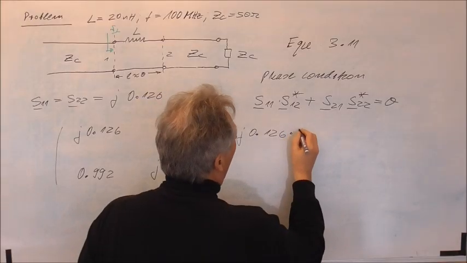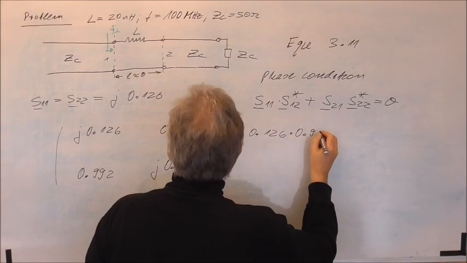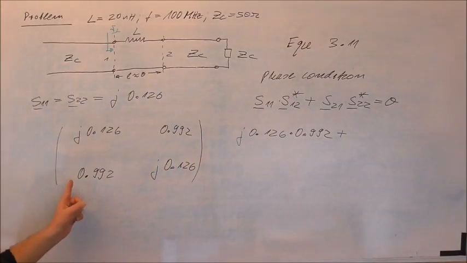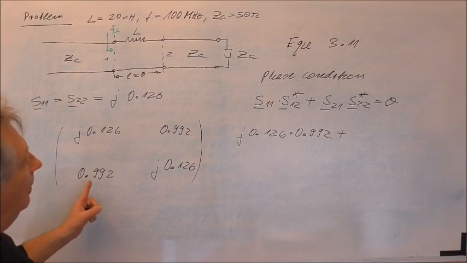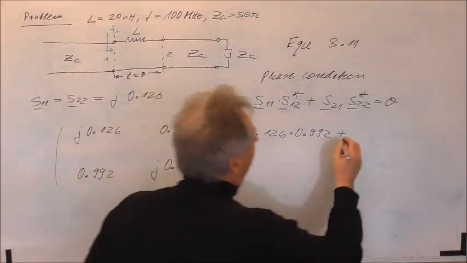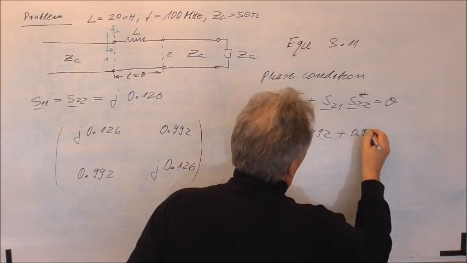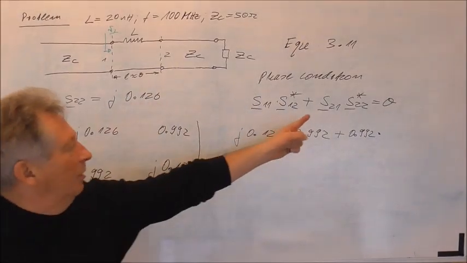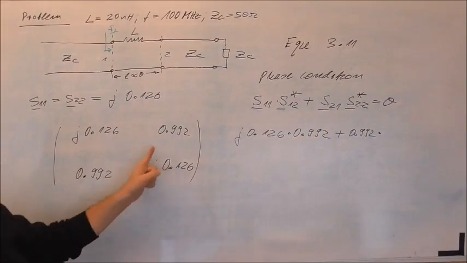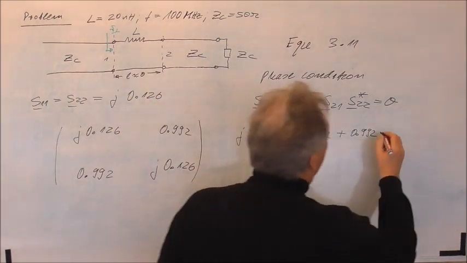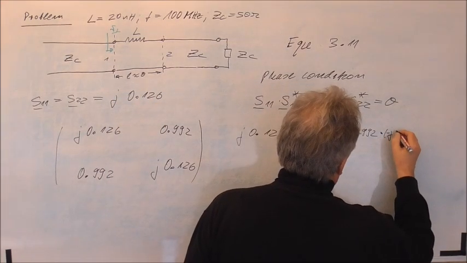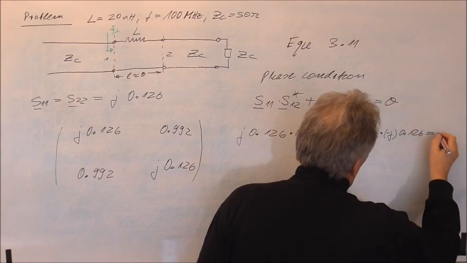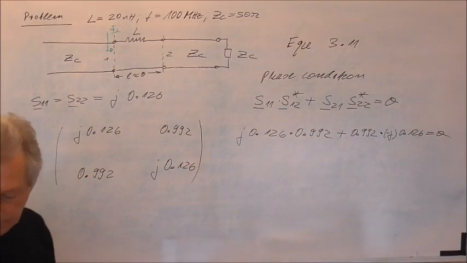This means we have to multiply with 0.992 plus, now we have to take 0.992 times the conjugate complex of S22, but this is j, so this would be minus j 0.126, and of course this is 0.